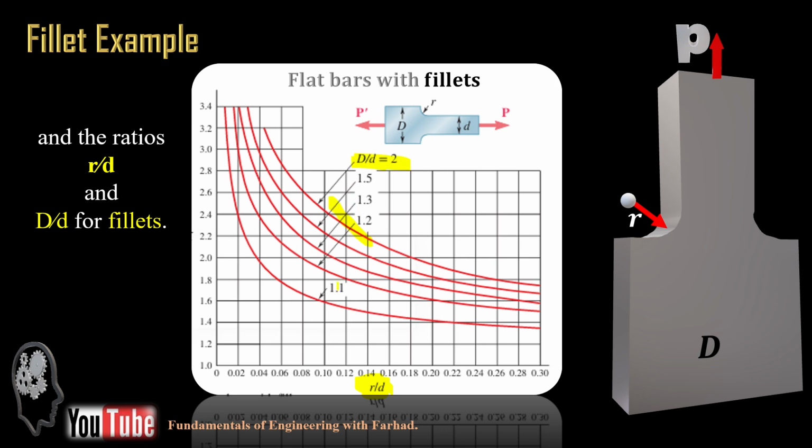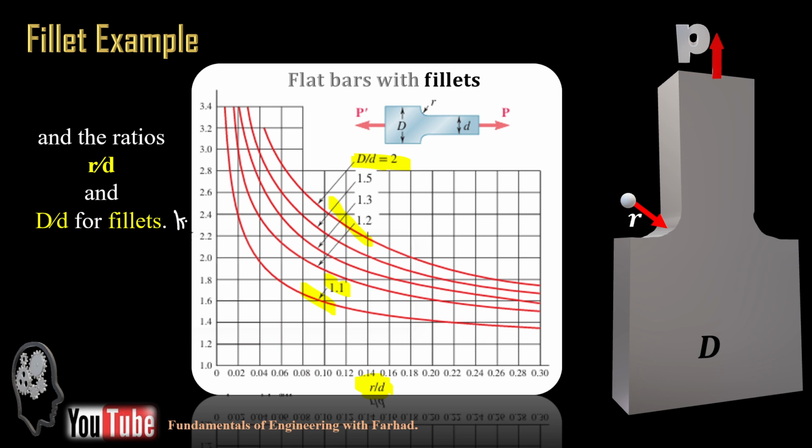For example, this one is for a given D over d, and then you read the k value from the side.